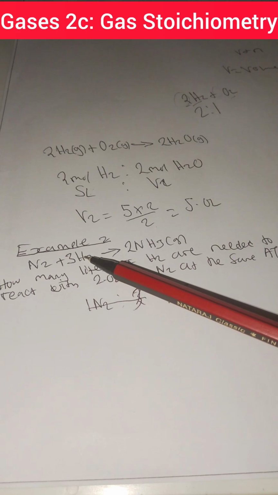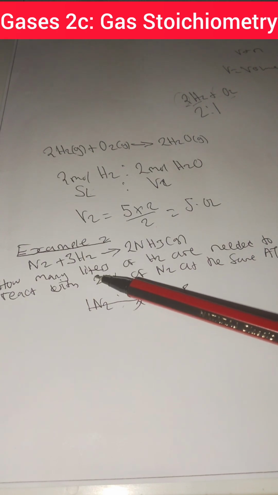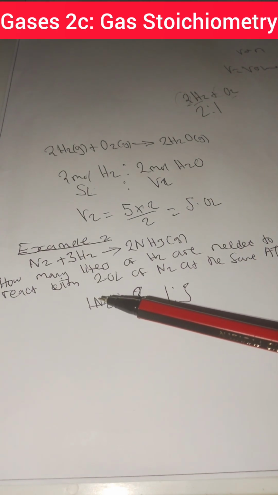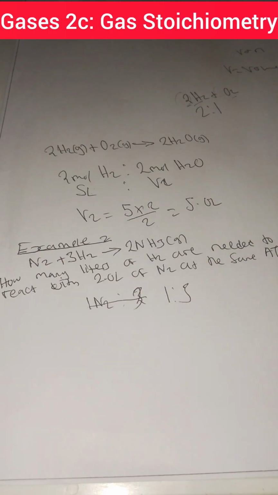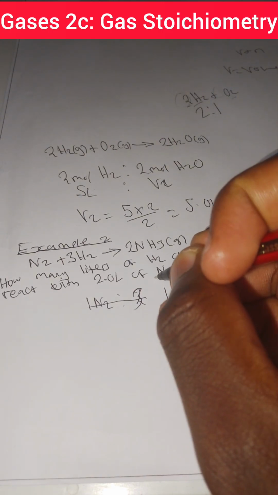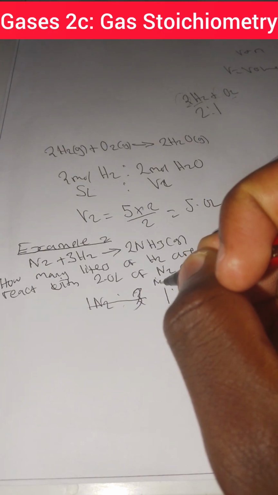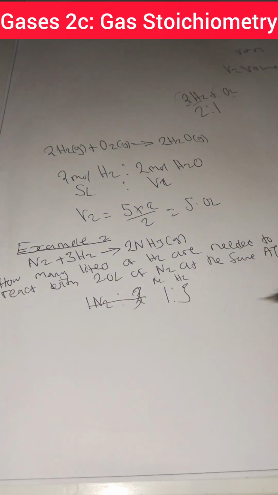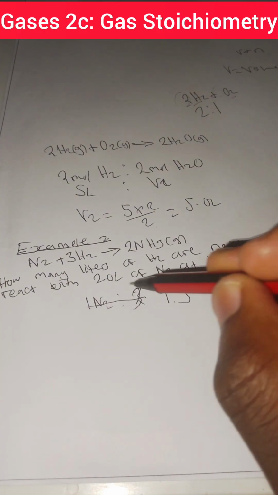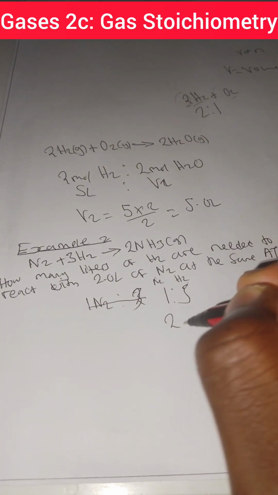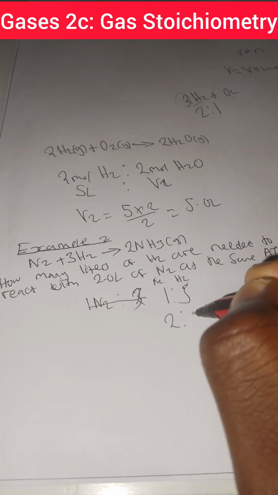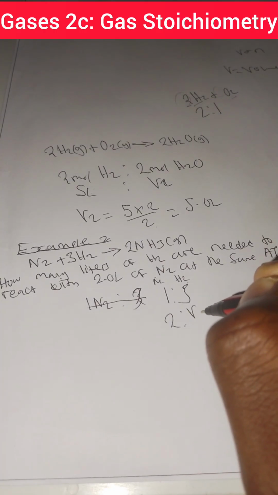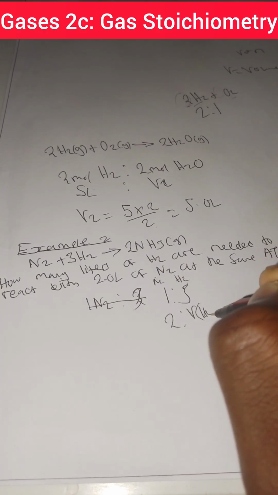Now, what about the volumes? We know that hydrogen is the one we are looking for, and for nitrogen we have 2. This one is going to be the volume of hydrogen. Again, we cross multiply.